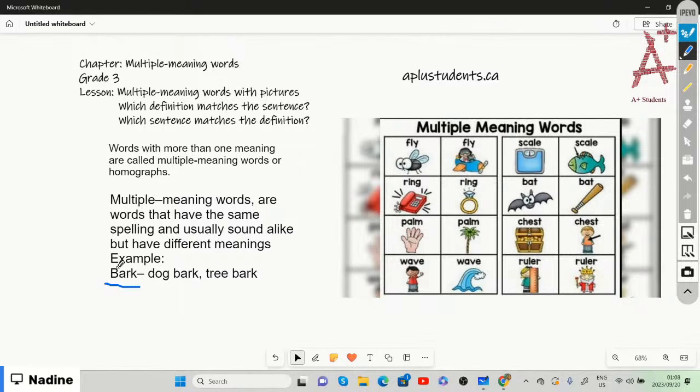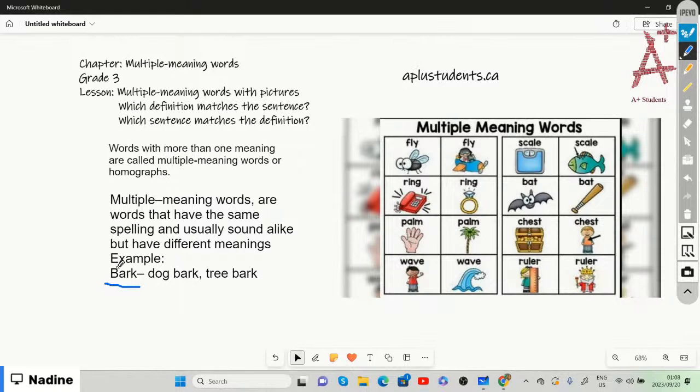So if I make mention of the word bark, it doesn't necessarily mean that I'm talking about the dog barking, because if there's no dogs around, then clearly I'm not talking about the dogs, right? So we get the bark, which is either the bark from a tree, or we can make mention of a dog that barks. And that is the word bark. So bark has the same spelling, it sounds the same, but the meaning is different.